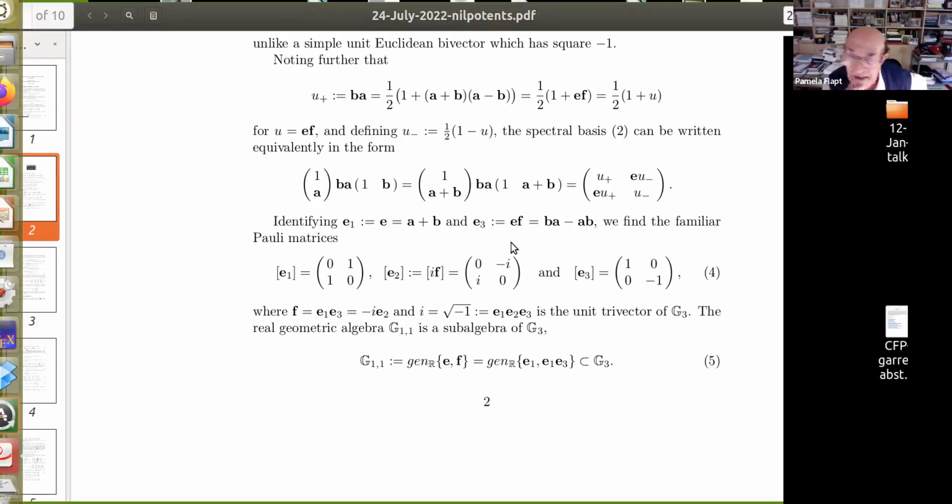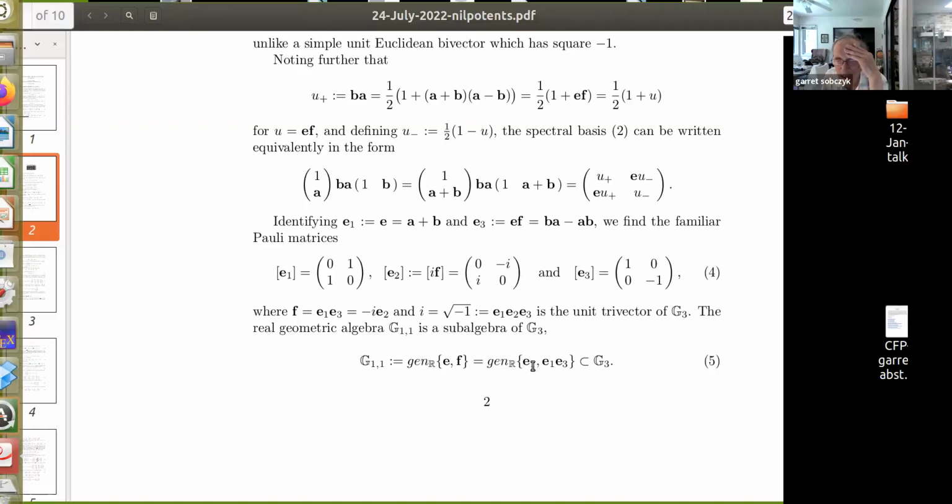Is that correct? Well, G11 generates an algebraically isomorphic subalgebra of G3 by using the vector E1 and the bivector E13. So E13 behaves like F, and E1, the Pauli matrix, behaves like E.